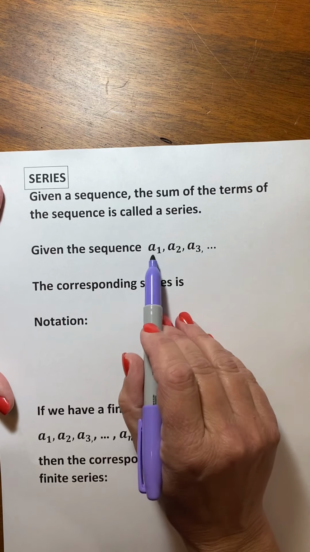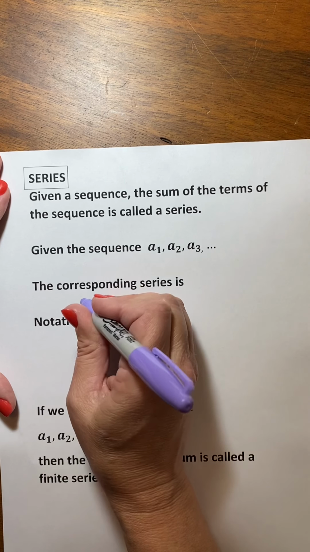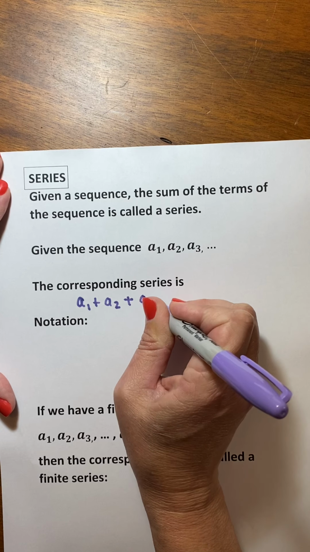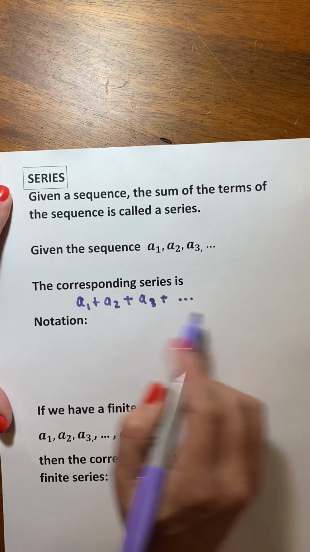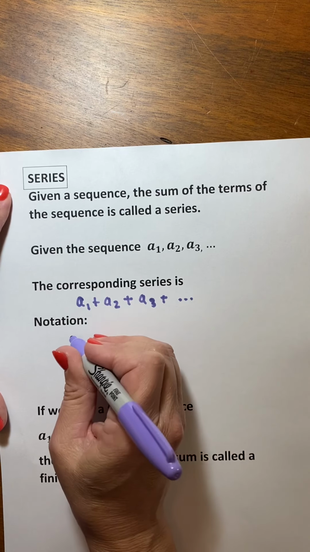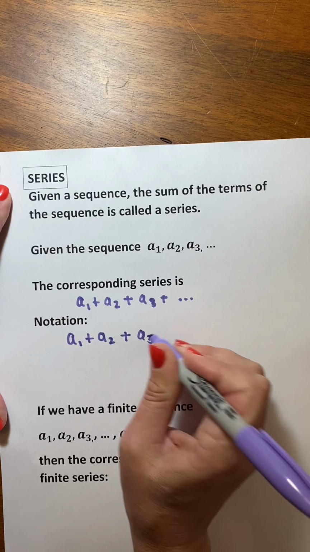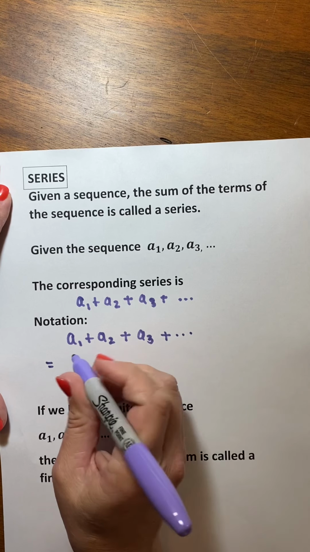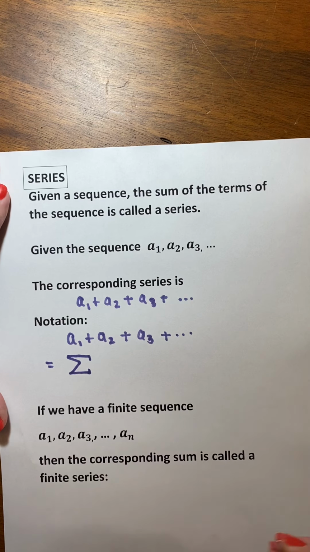So if we have a sequence A1, A2, A3, then the corresponding series is A1 plus A2 plus A3 plus however many terms there are. So instead of writing this all the time, this is the notation we typically use: we use this Greek letter called sigma. Sigma in math always means sum.